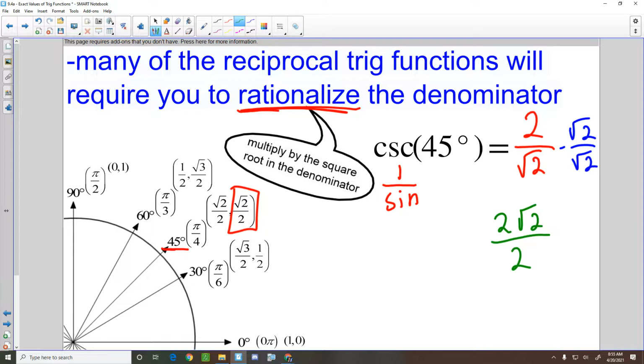Can I simplify this further? Yeah. Look at the top and the bottom: 2 on top, 2 on the bottom. So this is nice, my final answer is just the square root of 2. So the cosecant at 45 degrees is simply root 2.